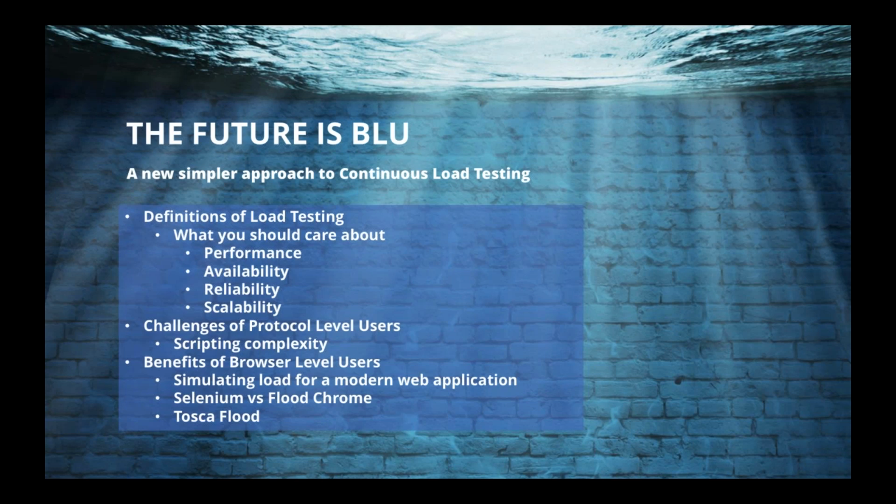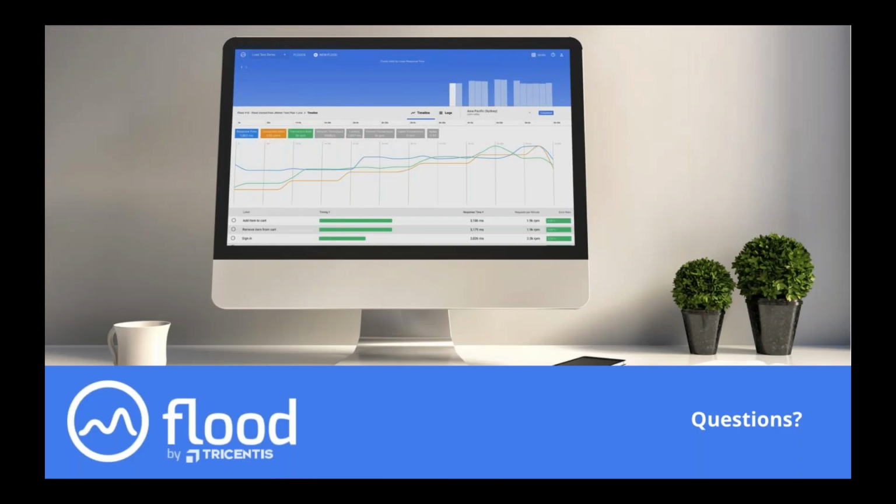And we confirmed that it really is about choosing the right tool for the job. And I guess protocol level testing still has a place for API level testing, for example. I also shared with you the evolution of our own browser level user approach, from early trials with Selenium to the purpose-built Flood Chrome, and highlighted where we're going with Tosca Flood as a whole and how that fits into the whole continuous load testing story. And that concludes my presentation. So I'd now like to welcome any questions you might have.